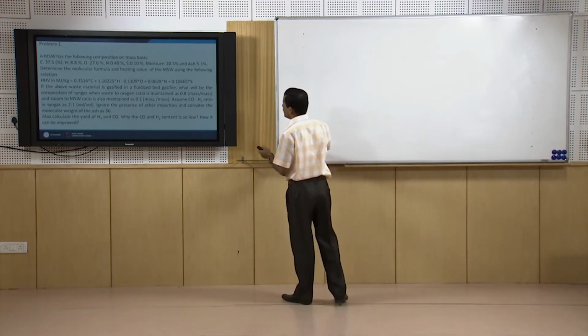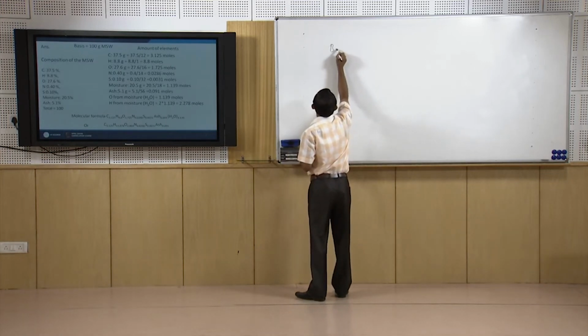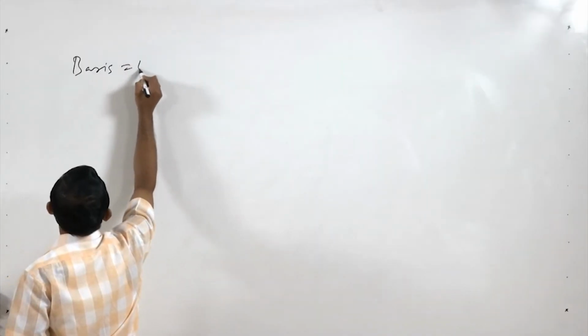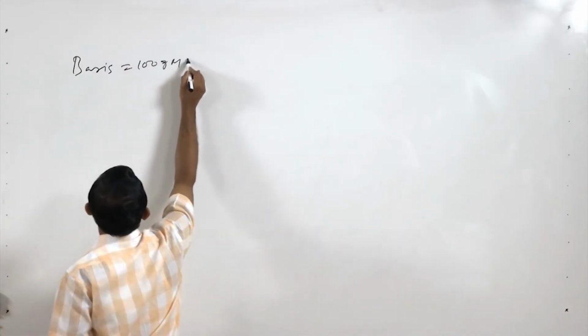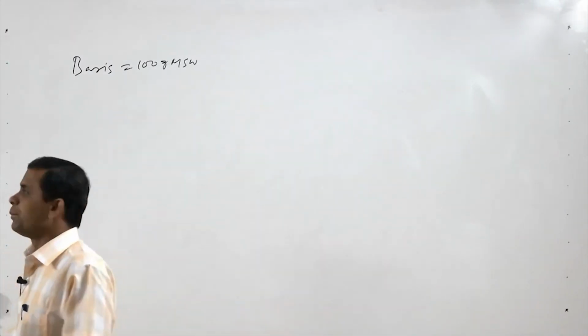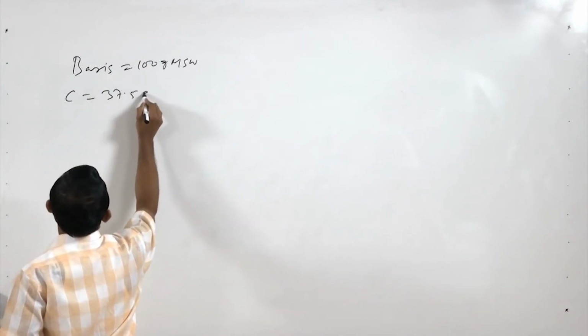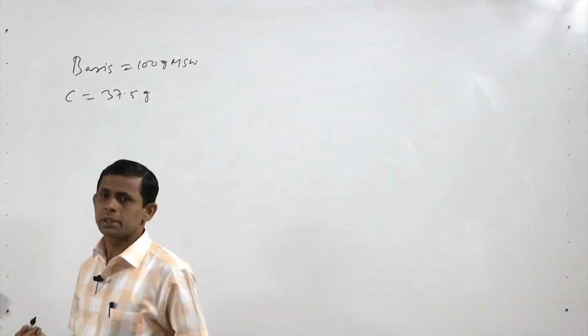To solve this problem, we have to take some basis. So, our basis is 100 gram of MSW. Carbon present in this is equal to 37.5 gram, as 37.5% is carbon.